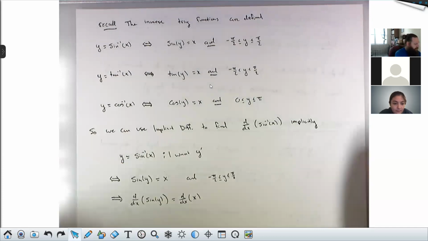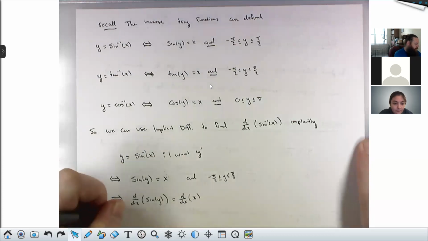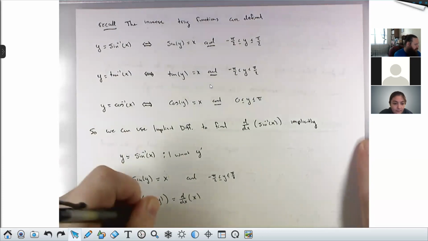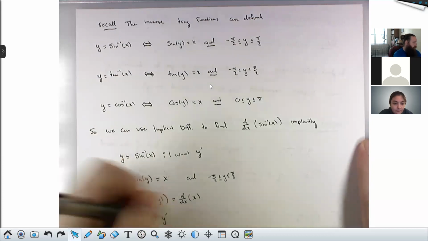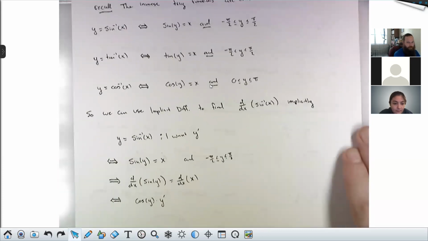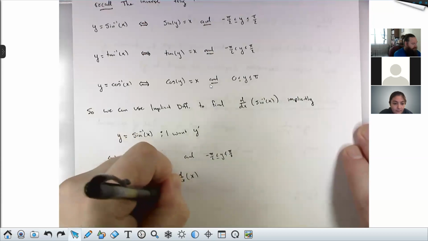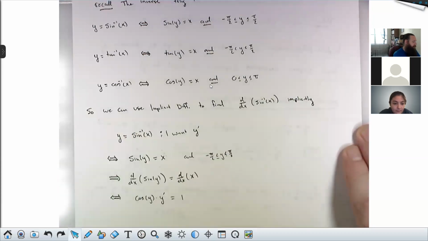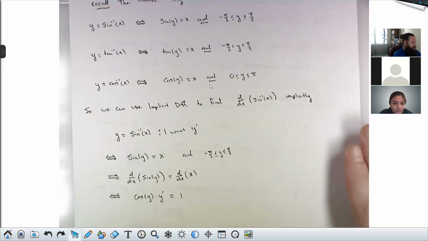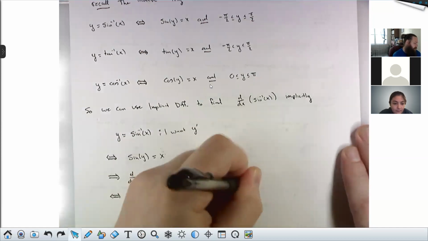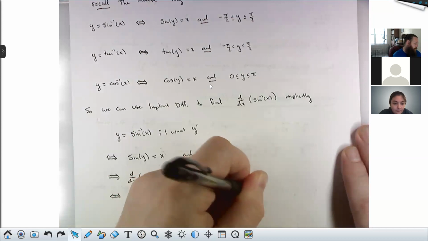On the left-hand side, d/dx of sine y is cos y times y prime. It's just the chain rule. You just have to remember that y is secretly a function of x. And on the right-hand side, d/dx of x is 1. So y prime is 1 over the cosine of y.